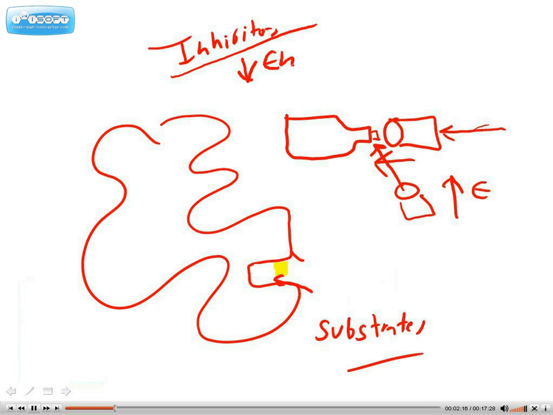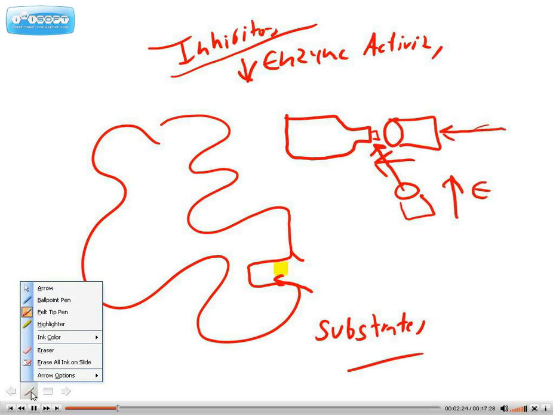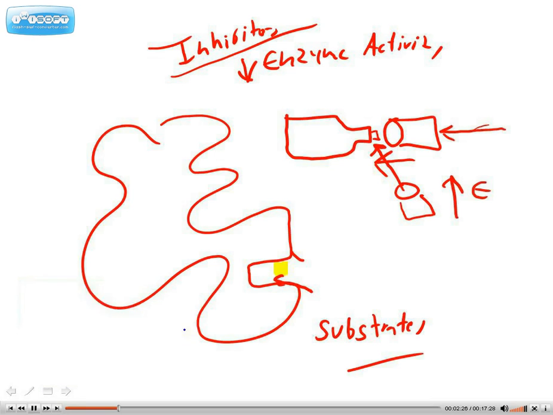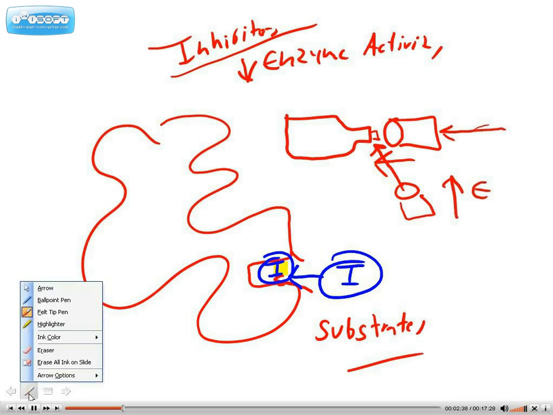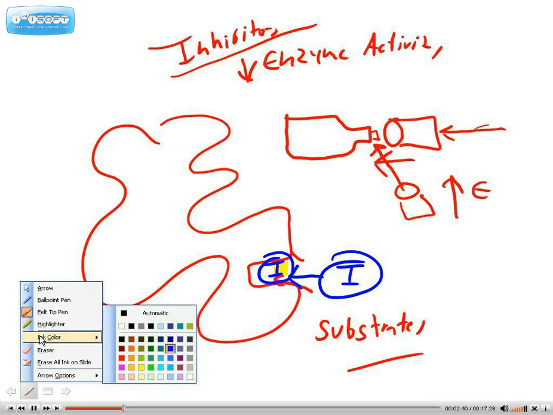So it either stops or it decreases the enzyme activity. So for example, I could have an inhibitor and I could have it temporarily latch onto and block any type of incoming substrates.